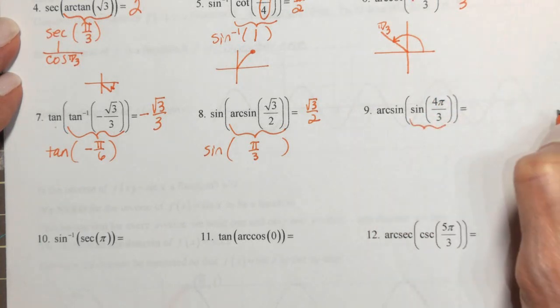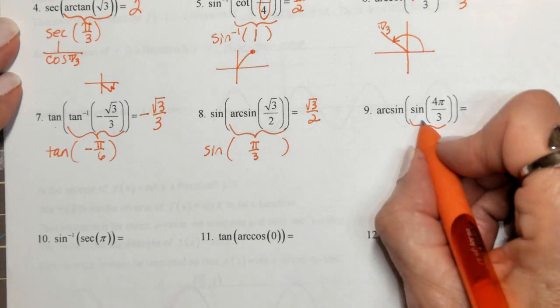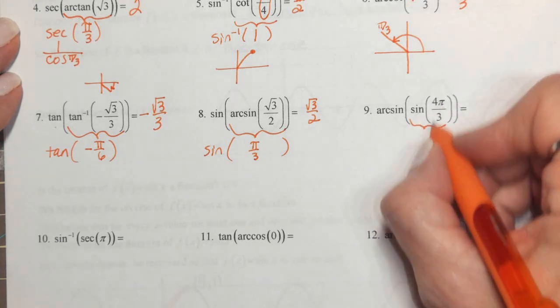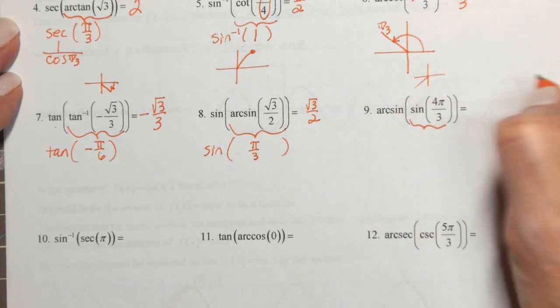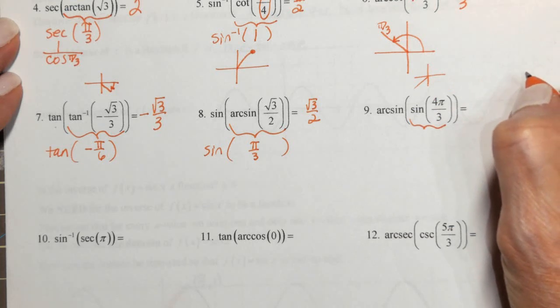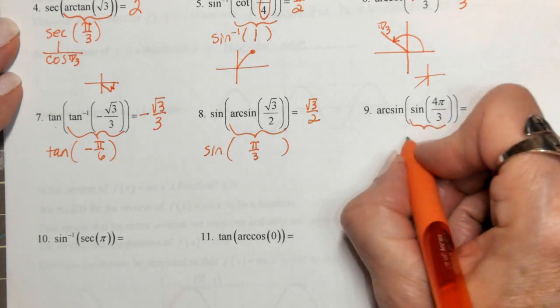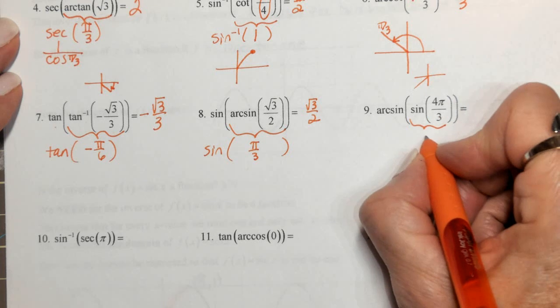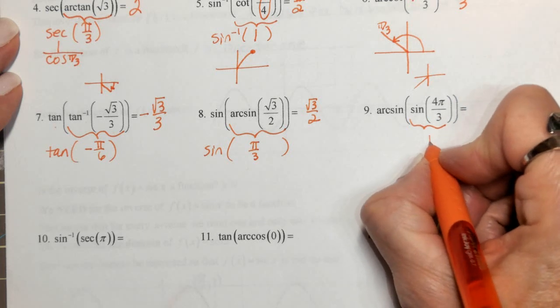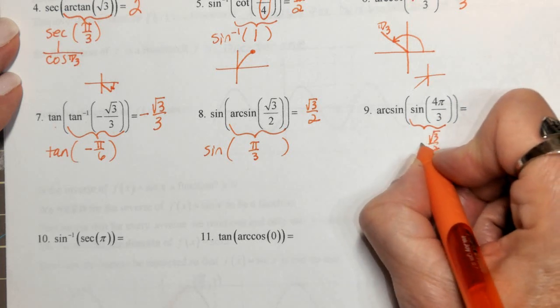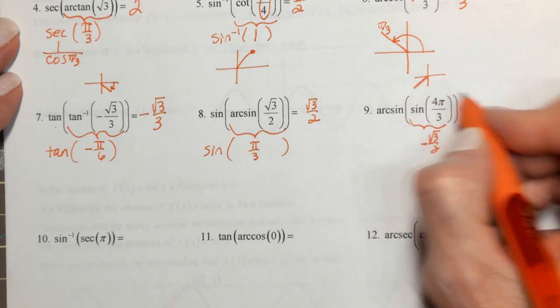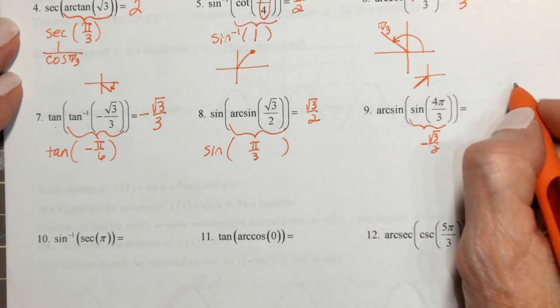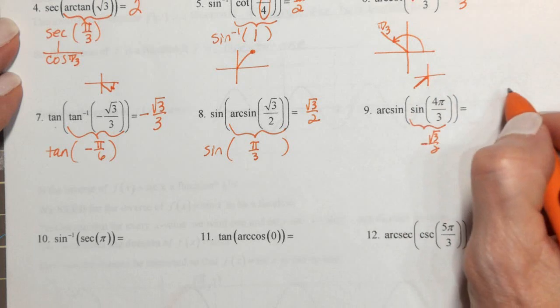Sine of 4 pi over 3 is what? So 4 pi over 3 is down in quadrant 3. Sine of a pi over 3 angle is going to be square root of 3 over 2, but this is going to be negative because sine in quadrant 3, from all students take calculus, is negative there.